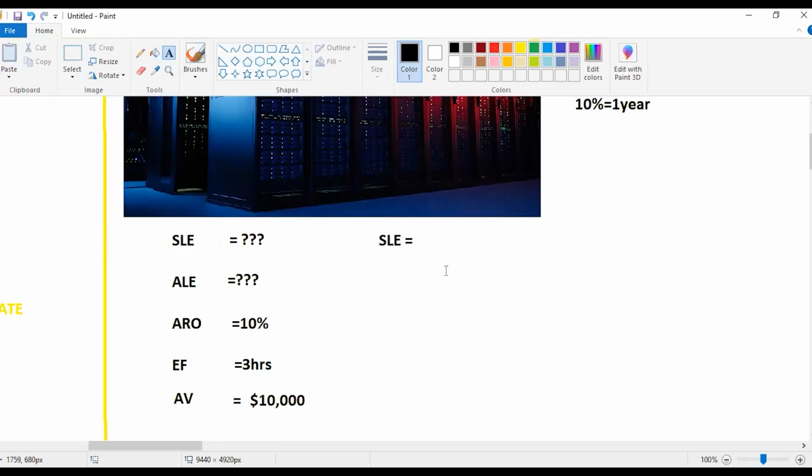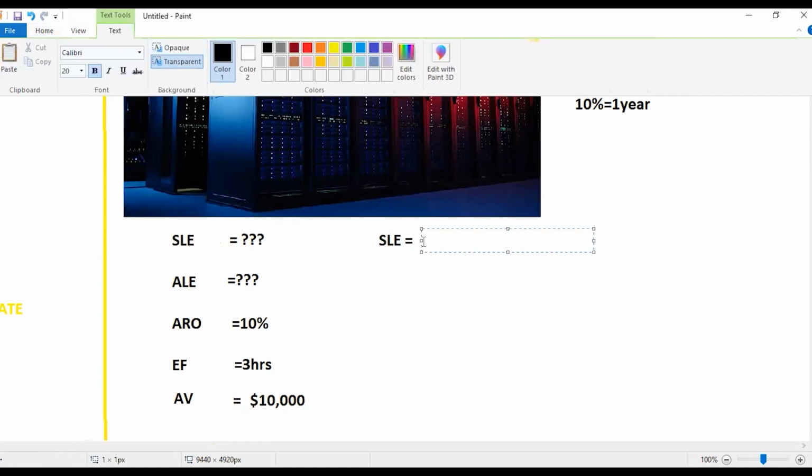No, sir. We are here to find SLE, single loss expectancy. What can be the equation? AV, the asset value, how much you are making, times EF, how much time your asset is in failure.